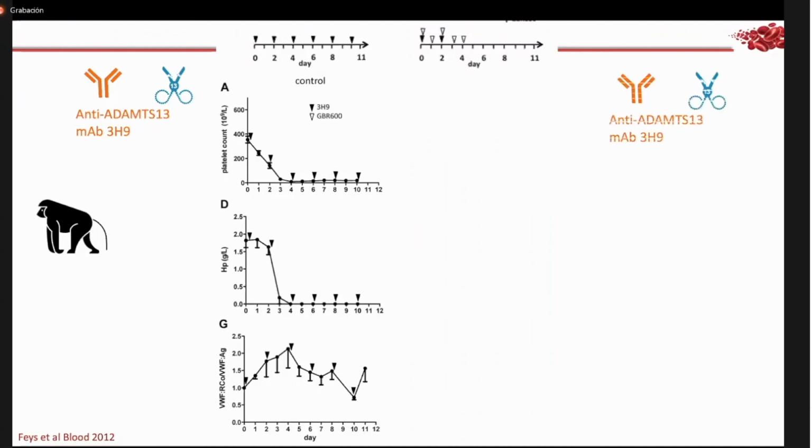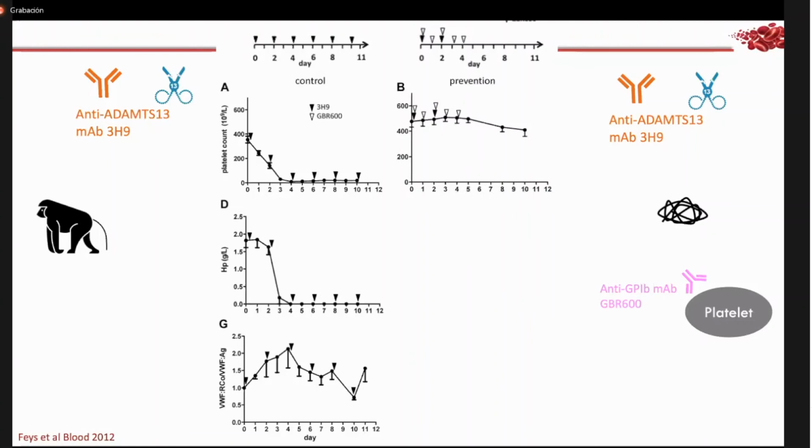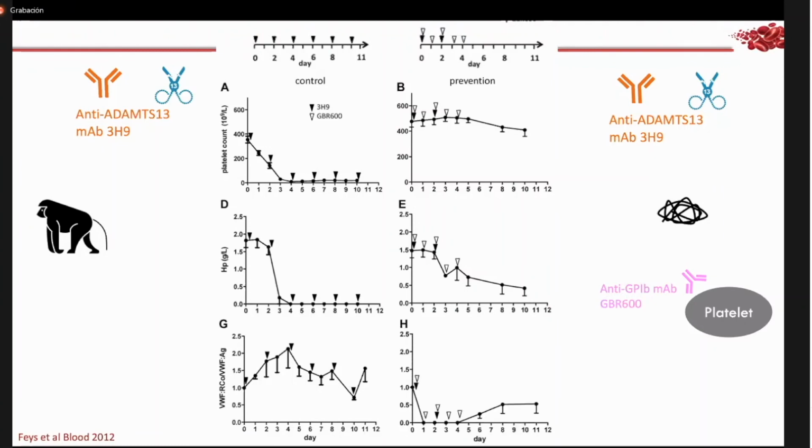But now, in the prevention group, we injected the antibody to make the baboons deficient in ADAMTS13, and immediately thereafter, we injected the antibody that prevents microthrombus formation. And you clearly can see that there is no TTP, no thrombocytopenia, a decreased hemolytic anemia, and you clearly see that indeed the VWF platelet interaction is fully blocked.